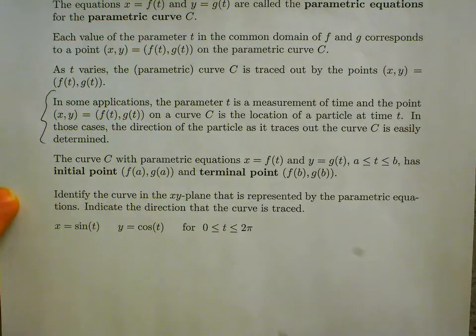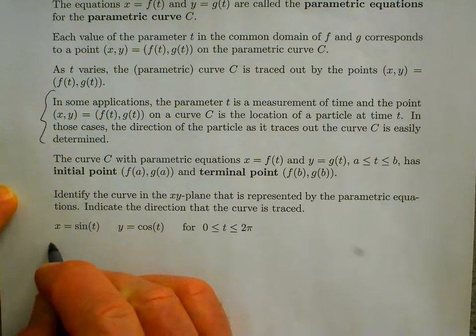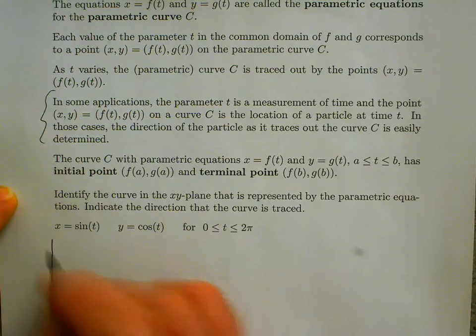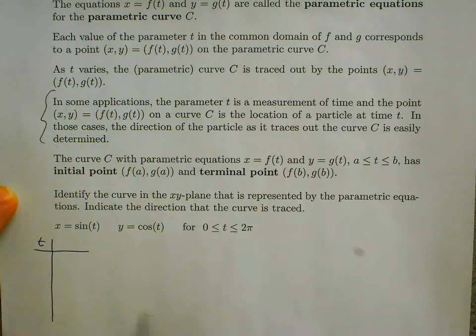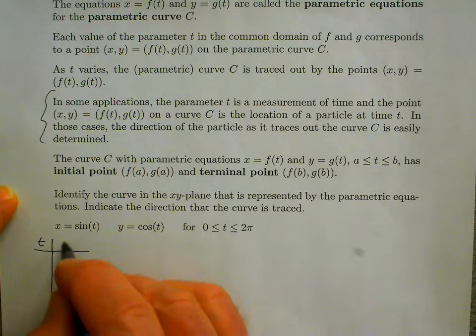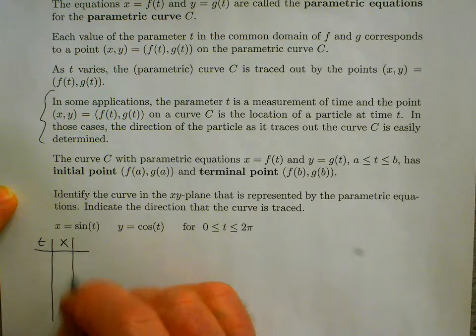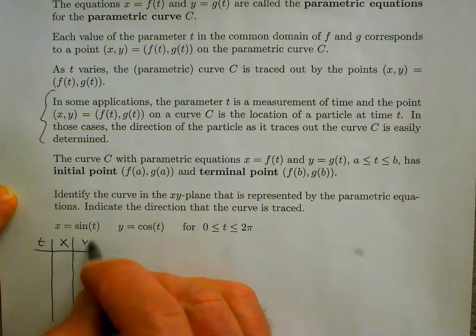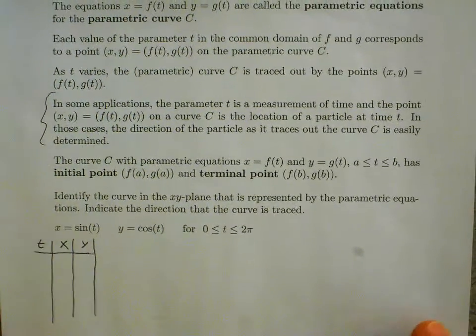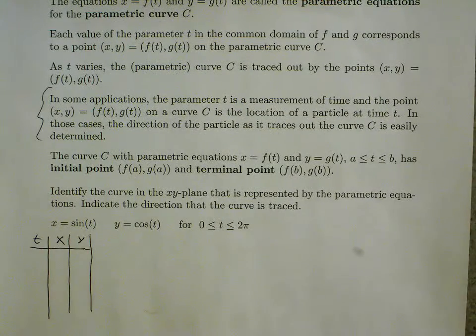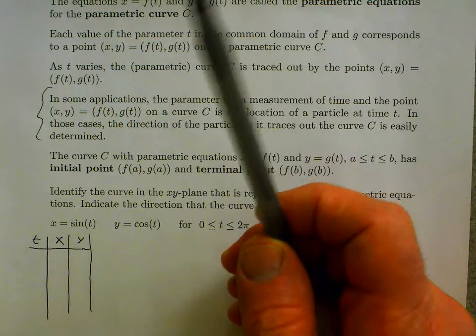One way to go about this is what I do almost all the time, is I'll list a column for t values, and then two more columns for x values and y values. And then plot the points, plot the ordered pairs x, y. And then after I have a number of points, I'll just connect the points.